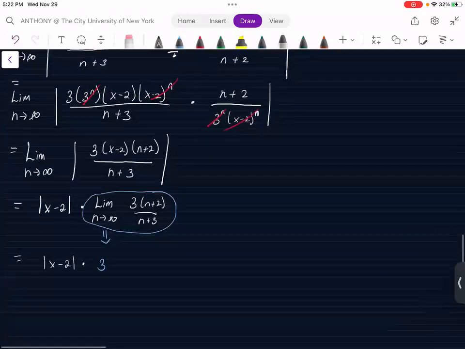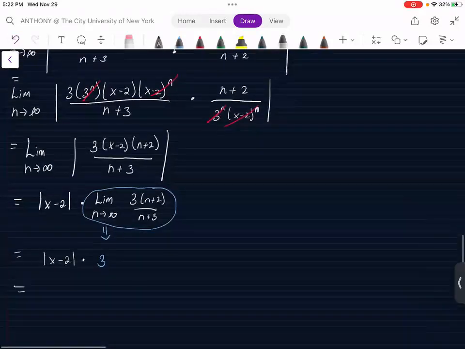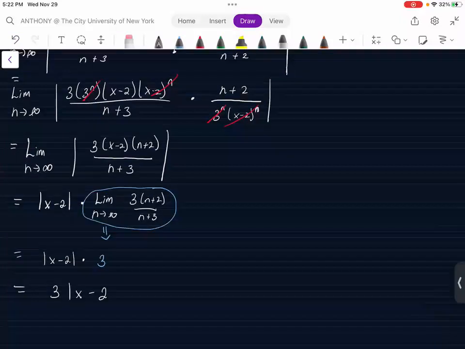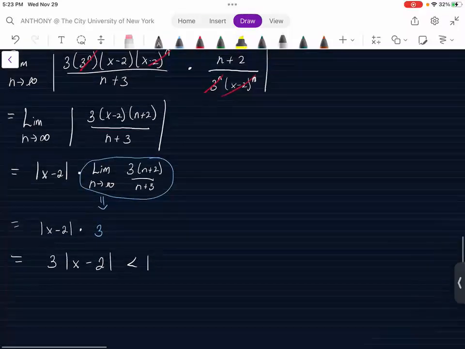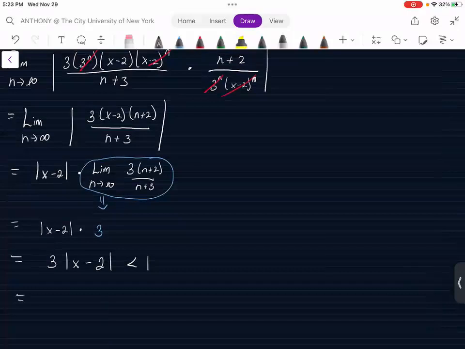So to clean this up, 3 times the absolute value of x minus 2. In order for it to converge, it must be less than 1. If you divide by 3 on both sides, you get the absolute value of x minus 2 is less than 1/3.